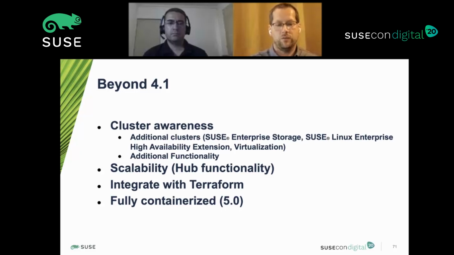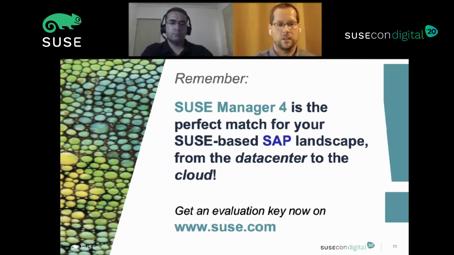We will have Terraform integrated directly into SUSE Manager, so we can use these things you just saw about setting up for SAP in the public cloud from SUSE Manager's UI and API. And at some point, most likely version 5.0, we are also going to containerize SUSE Manager itself so it can run on top of a Kubernetes cluster.